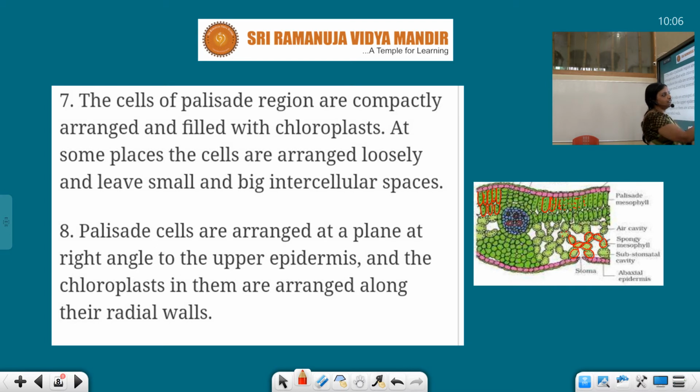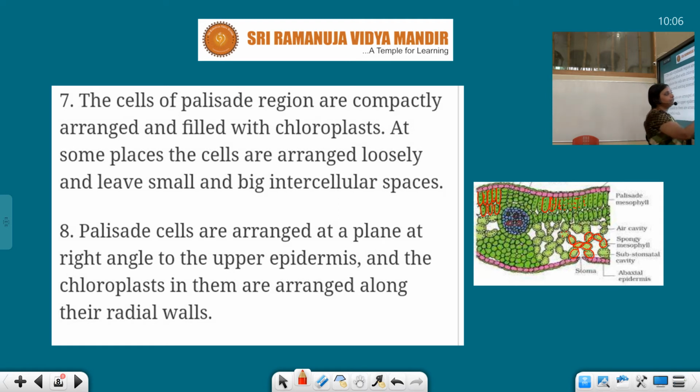So mesophyll is divided into 2 types of cells in dicot. One is palisade and one is spongy parenchyma. The mesophyll cells are made up of parenchyma, but they are divided into 2 types. The palisade tissues are elongated and have more chloroplasts, whereas spongy tissues are loosely arranged and have fewer chloroplasts.